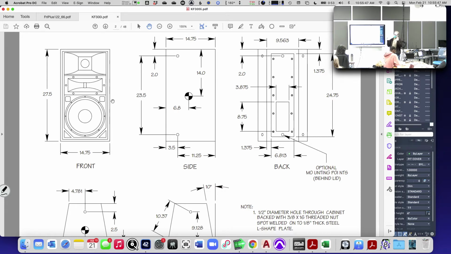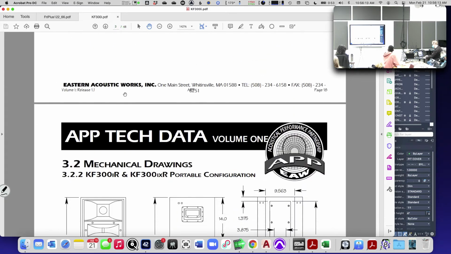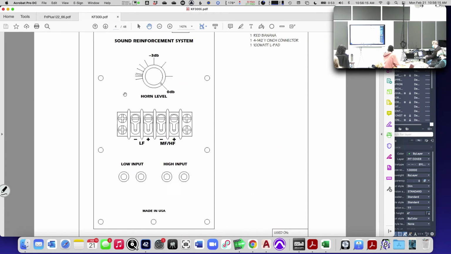But the one special thing is they angled the cabinet so that if you slap two KF300s to the side of it, they are perfectly splayed horizontally. So the 6 dB down points overlap directly in front of the sub. And when you buy this, it's a package deal. I don't know if they still sell this or not, but they will sell you a bracket.